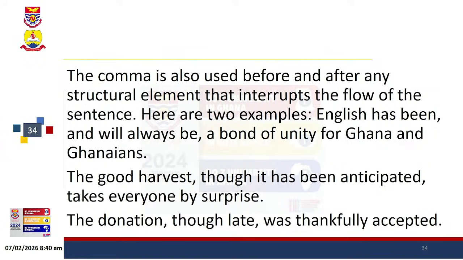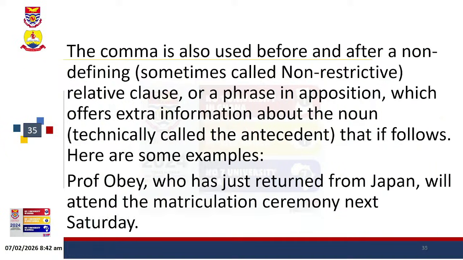Another example, the donation, though late, was thankfully accepted. We just want to say that it came late. And it came late has come to interrupt the flow of the sentence. The donation was thankfully accepted. This interrupting phrase must be set off by a pair of commas.